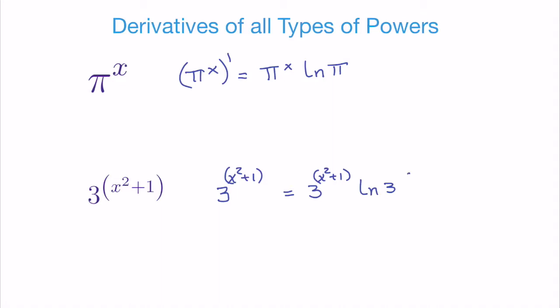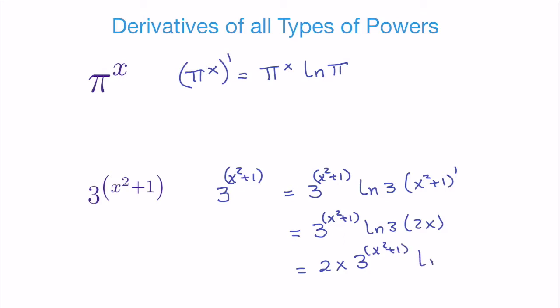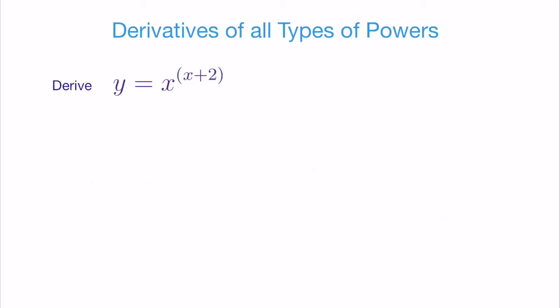So we have to derive the inner function x squared plus 1. And so this is 3 to the x squared plus 1 times ln 3 times 2x. We can write it nicer, like 2x times 3 to the x squared plus 1 times ln 3. And we're done.